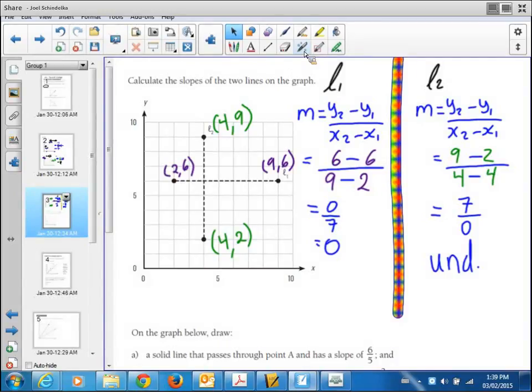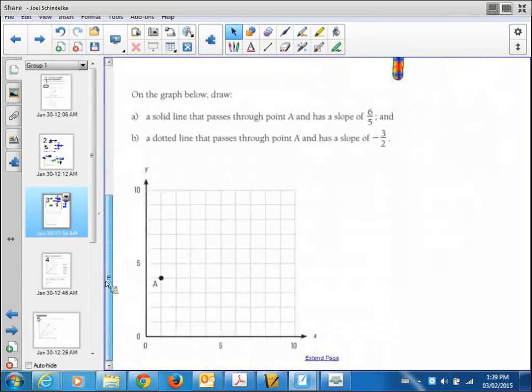Now, am I okay to slide a little bit? Okay. On the graph below, show me a solid line that passes through A, that's the dot there, and has a slope of 6/5. That means the rise is 6 and the run is 5.